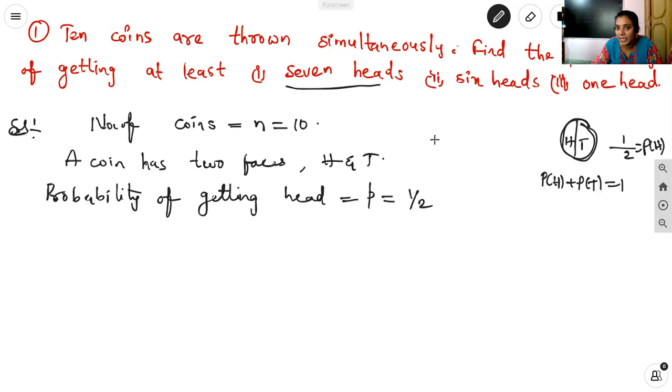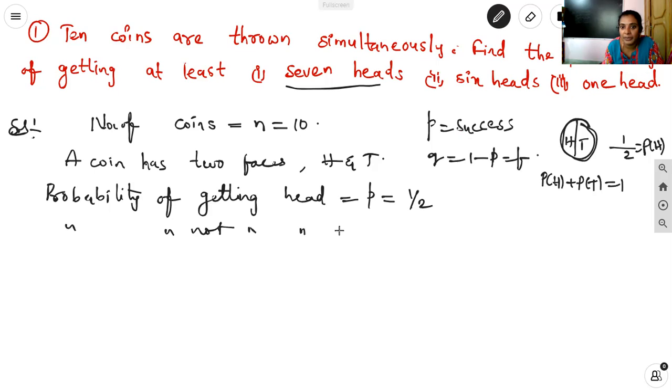That p is nothing but success. Small p is the success of getting head. q is 1 minus p. That is failure. Failure means not getting head. The probability of not getting head, that is nothing but tail, is small q equal to 1 minus p, 1 minus 1 by 2 is equal to 1 by 2.